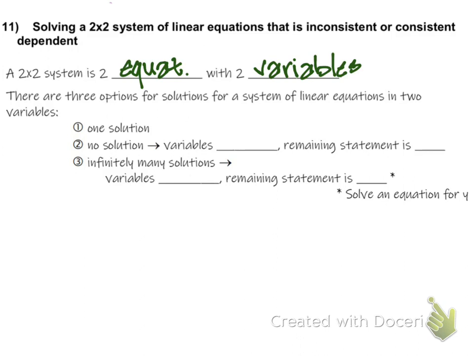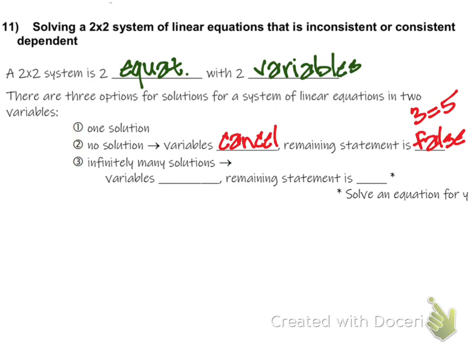We have no solution when the variables cancel and the remaining statement is false. Like 3 equals 5, right? That's not a true statement, right? So if that's what we ended up with, we would know it was no solution.